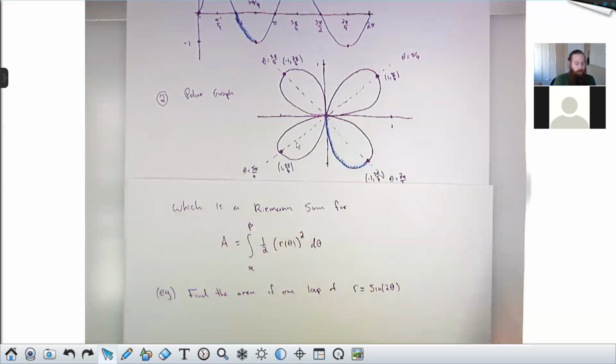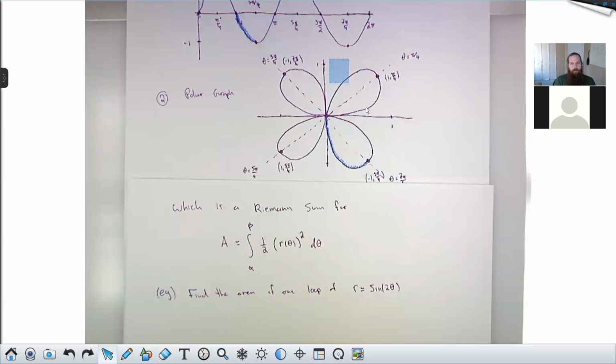The tricky stuff here is figuring out which theta values correspond to the region you want. If I asked explicitly for this guy's area, you would have to realize that he's not coming from theta equals 3 pi over 2 to theta equals 2 pi, even though those are the theta values that we normally think of as coming from this region. Remember, and that's why I colored this part of the graph, he actually came from theta equals pi over 2 to theta equals pi, because r was negative there.